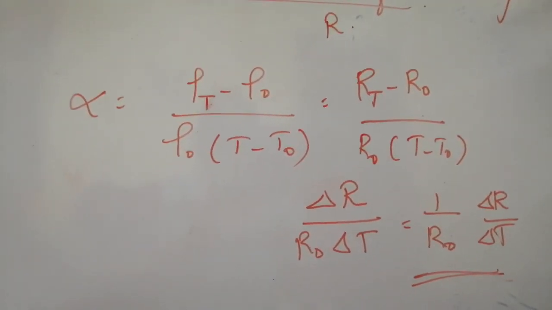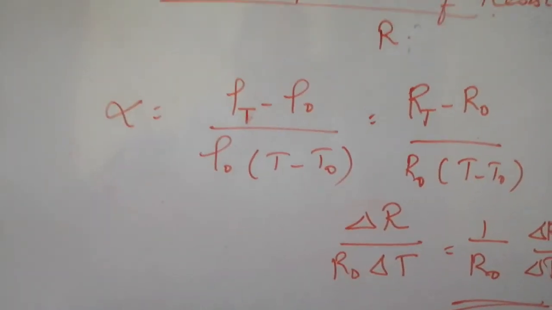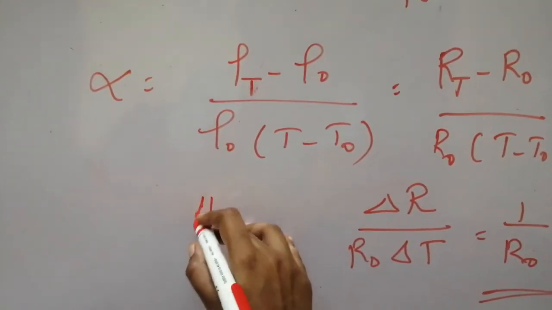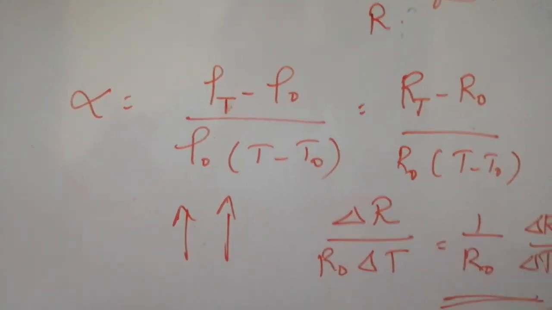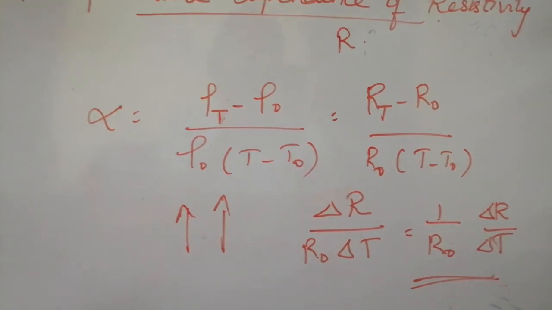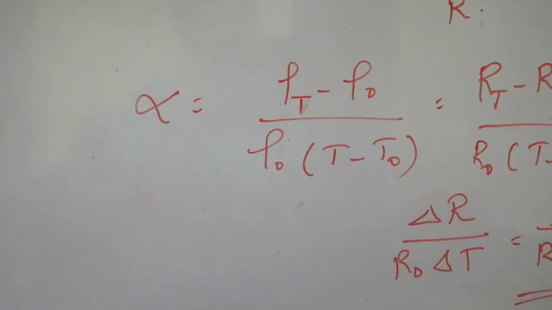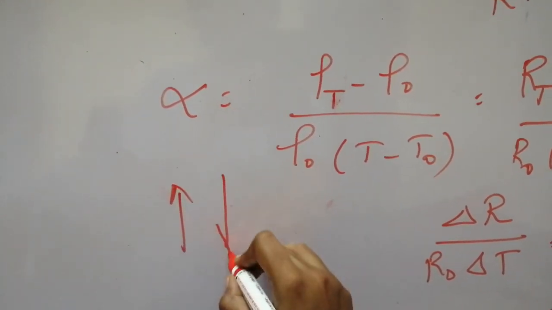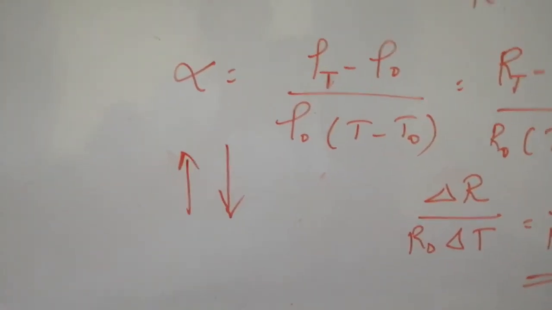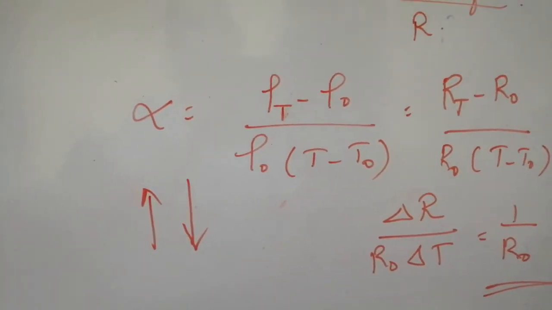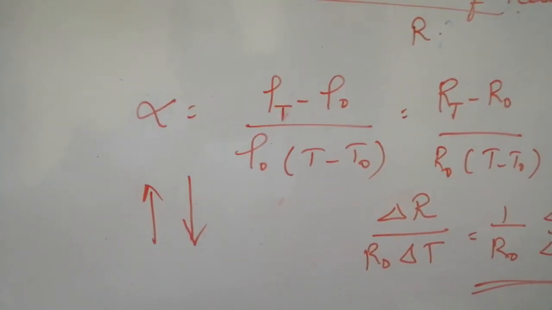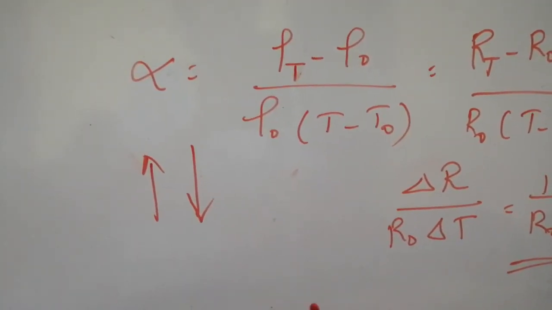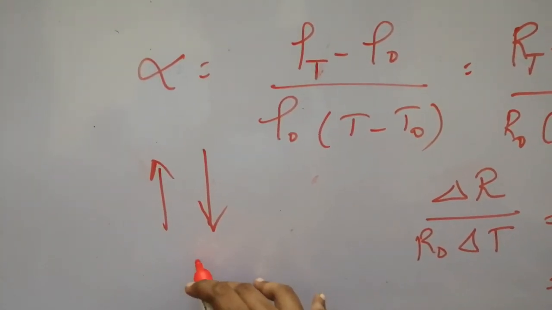Okay, and as I said, all these things are related to the conductors, because for the conductors, when the temperature increases, the resistivity will also increase as the electron collisions increase. But for the semiconductors, when the temperature increases, the resistivity will decrease, because initially in semiconductors the electrons will not be in movement. When you increase the temperature, the electrons cannot sustain the temperature and will start to move.